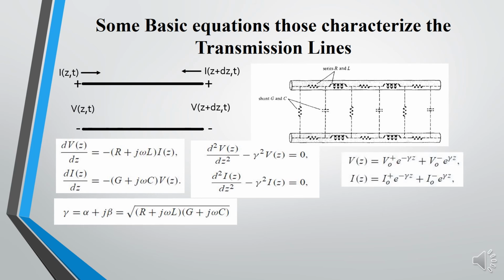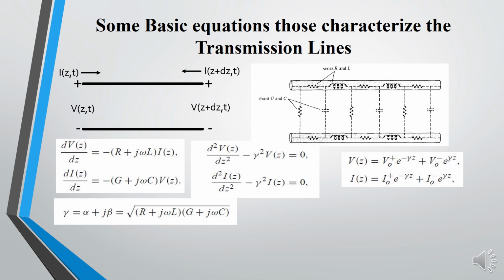Now as we said, these two second order differential equations for voltage and current are basically wave equations for voltage and current respectively. Therefore we can get a general solution of the voltage wave as well as the current wave. The voltage wave Vz basically has two components.